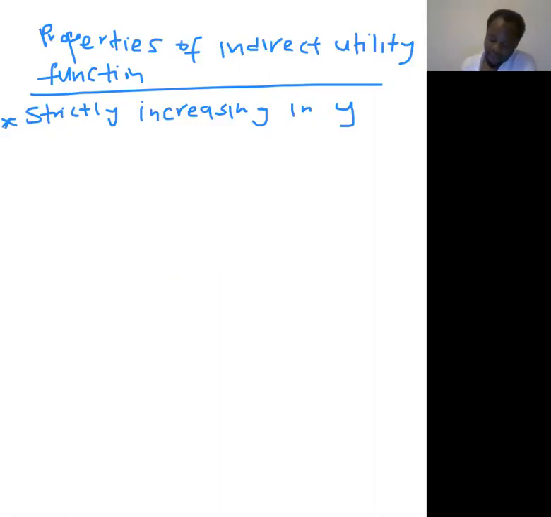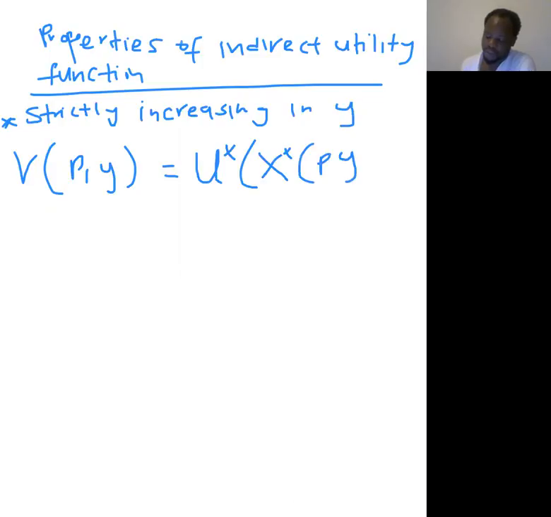We said that V, our indirect utility function, is equal to the utility with all the optimal x and y, which is a function of p and y. So strictly increasing in y means dV/dy is always positive, greater than 0.